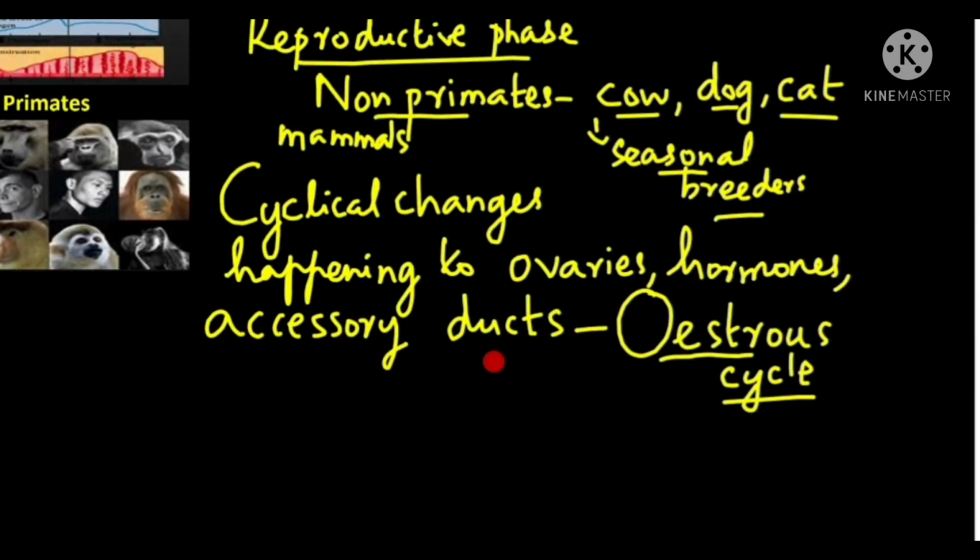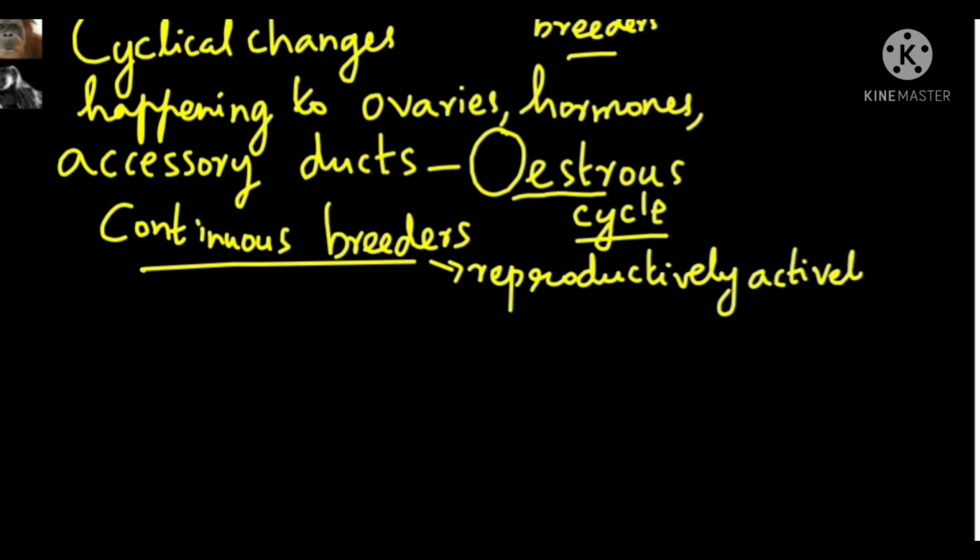But these cyclical changes in case of human females or in case of primate females happen every month. And so they are called continuous breeders. So primates are also called continuous breeders. They are reproductively active throughout their life. Anytime they are reproductively active.